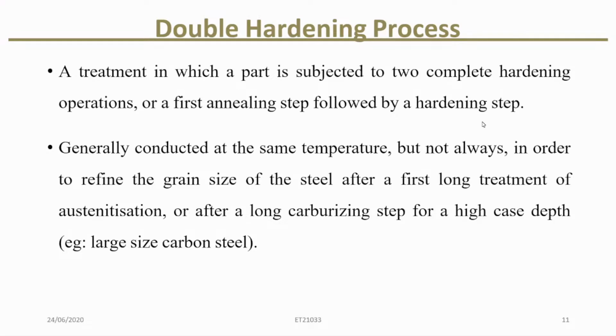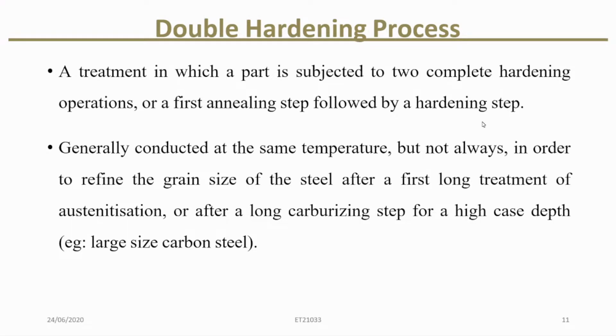It refines grain structure, controls case depth, and provides superior strength and durability beyond single hardening methods, often involving mild initial treatments to refine grains before a final severe hardening quench.